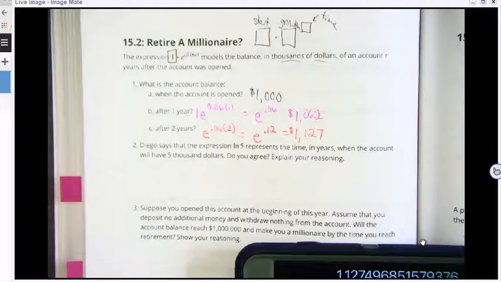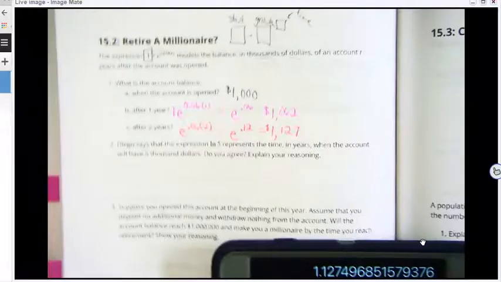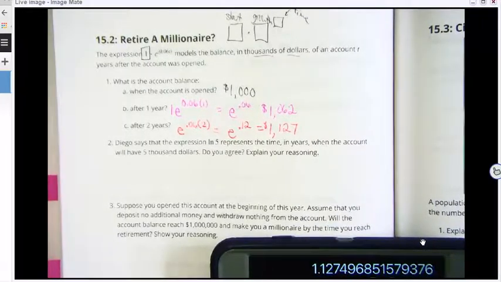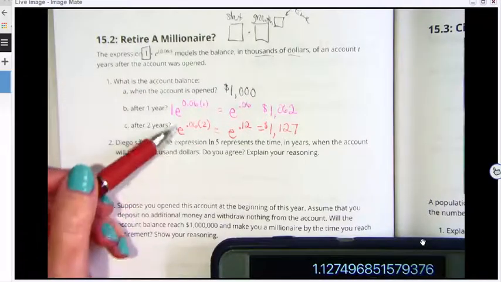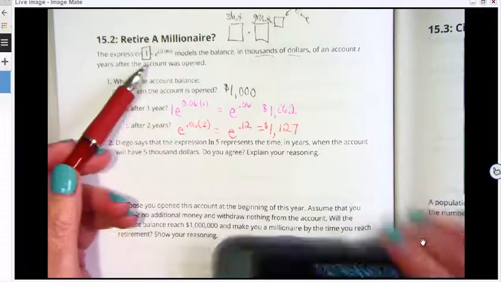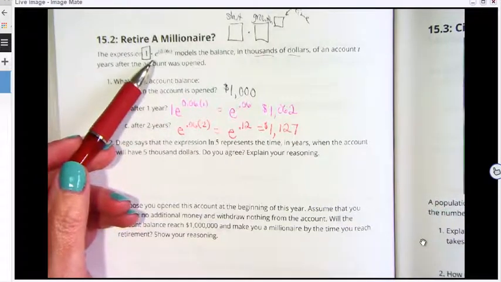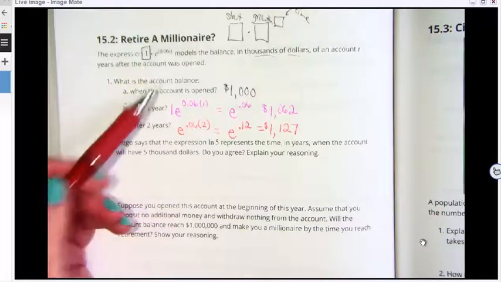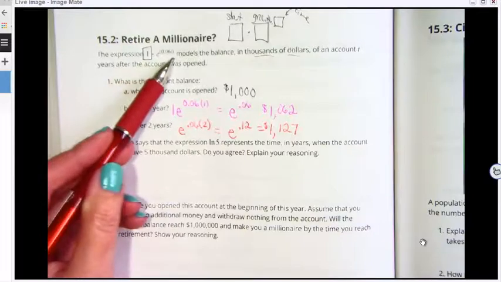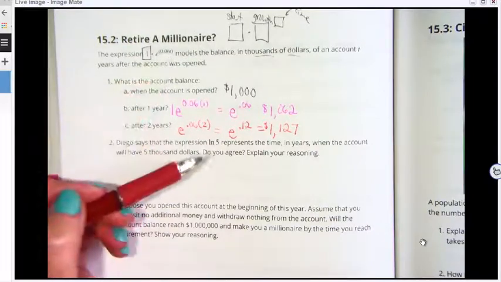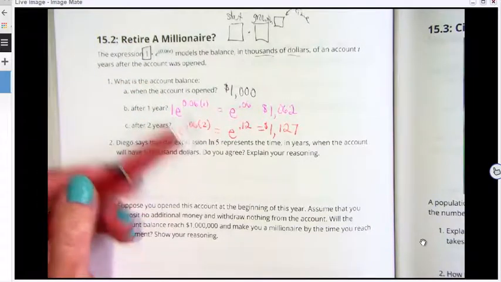So now it's asking if Diego says that the expression ln5 represents the time in years when the account will have $5,000. Do we agree, and we should explain our reasoning? Here, what we're seeing in the account is the unknown exponent going on. So it's thinking like, well, this is putting in a 5 there.